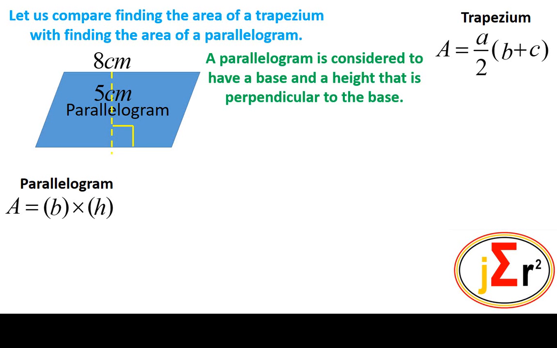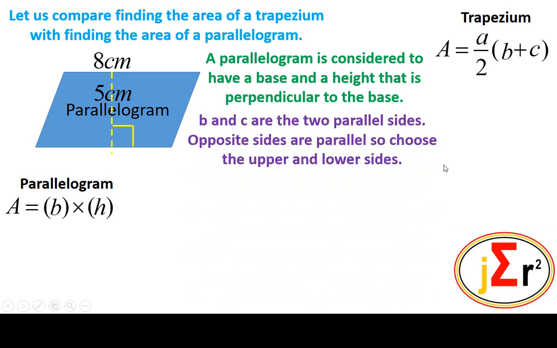Because, of course, for a parallelogram, opposite sides are equal and opposite sides are parallel. So we are considering that it has a base and a height that is perpendicular to the base.